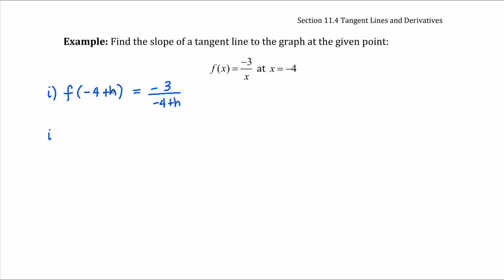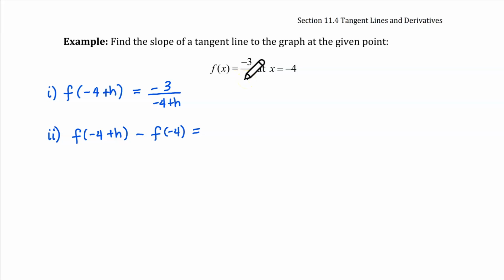Then, second step is to obtain f of -4 plus h minus f of -4. So at x equals -4, you replace x by -4, you get -3 over -4.